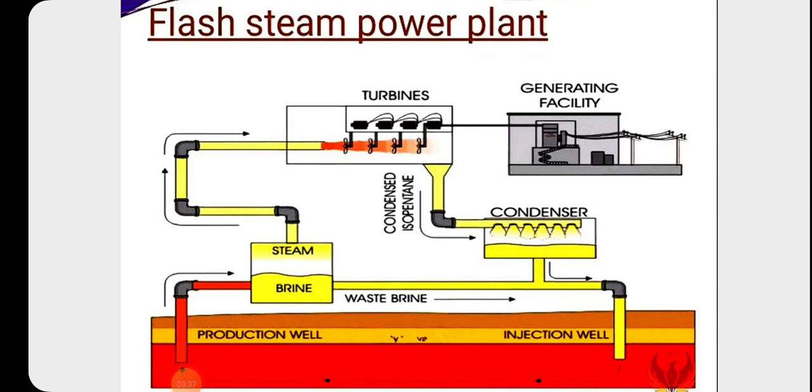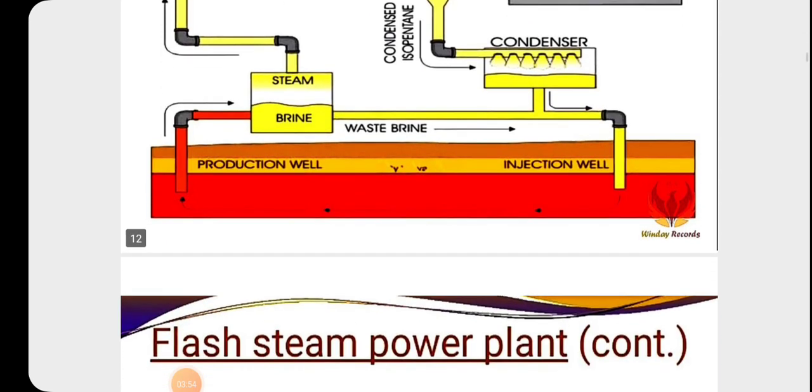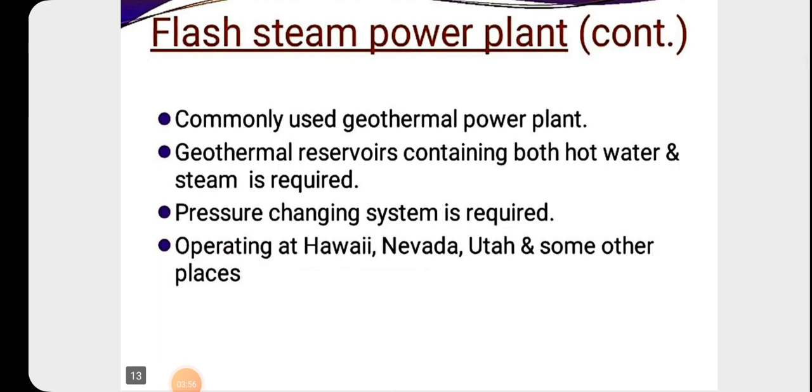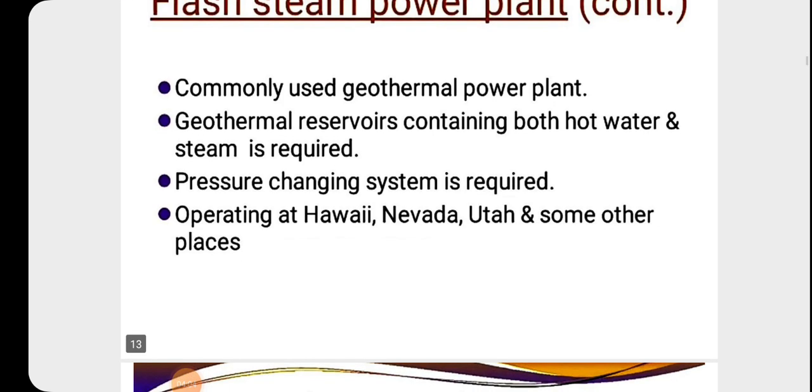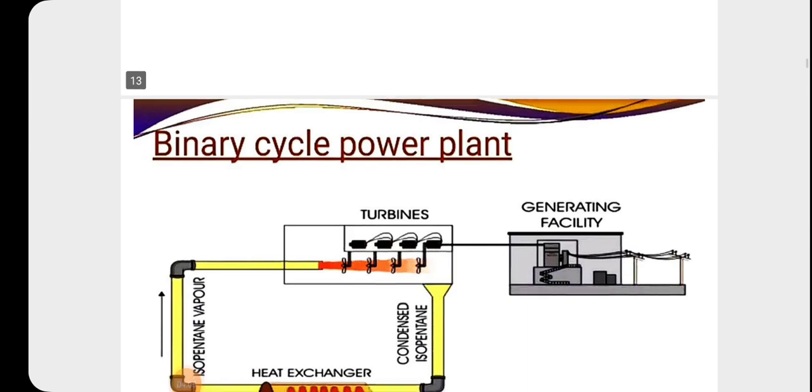As we know, the turbine provides mechanical power to our generator, and the rest of the water goes through the condenser and again reaches the injection well or storage. This is commonly used in geothermal power plants. A geothermal reservoir containing both water and hot steam is required, a pressure cleaning system is required, and some countries already use this process.